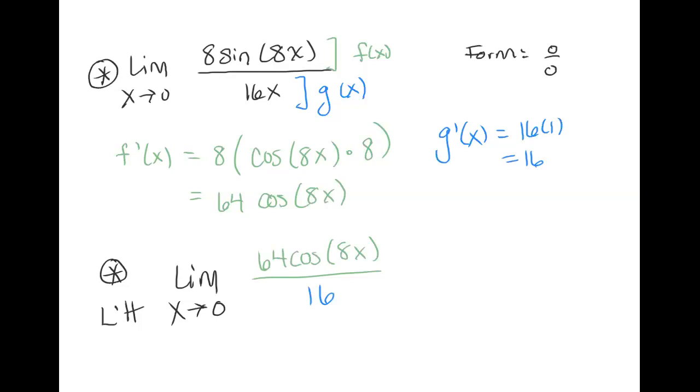All right. Now I'm going to try again to directly evaluate. This is equal to 64 times the cosine of 8 times 0 over 16.